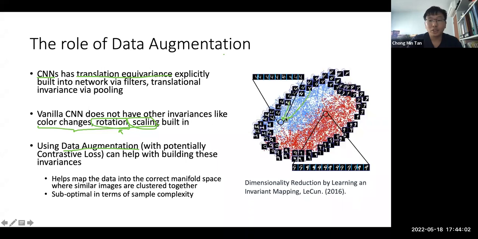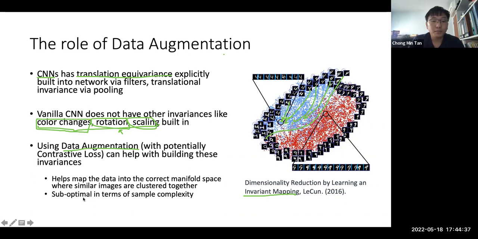So with data augmentation, it's still not going to be a one-to-one mapping; it's going to be a many-to-many mapping, but at least the many-to-many mapping falls within the same manifold or latent space, as you see over here. But this is using data augmentation to do it, so you may not get the same mapping in your latent space, because you don't have the rotation and scaling built inside your network. Using data augmentation can help alleviate the problem a little bit.